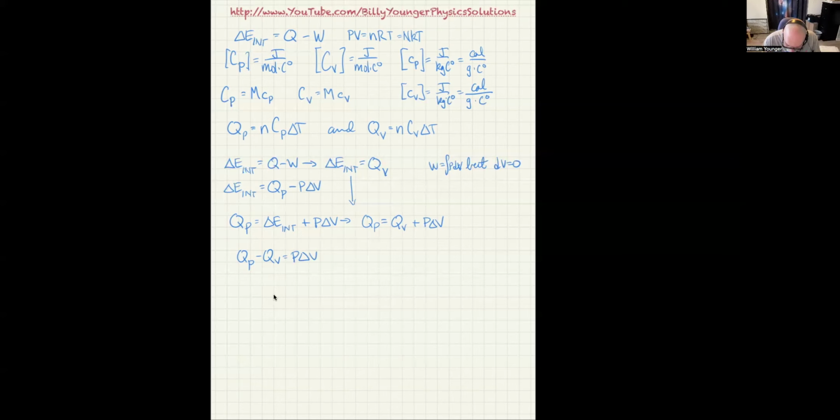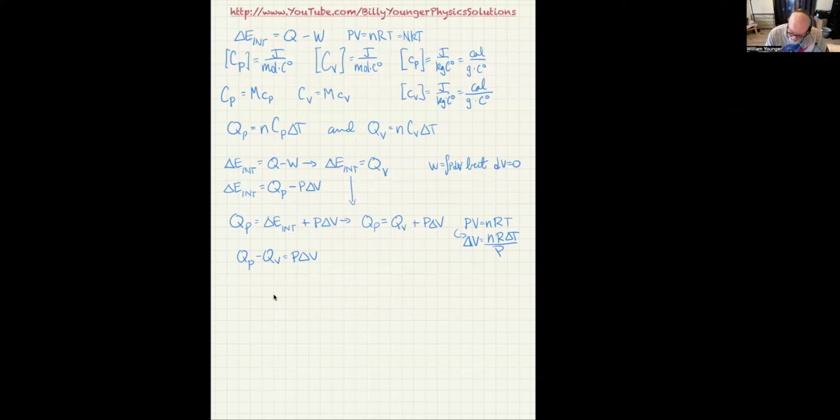At this point, I'm going to use the idea that PV equals nRT. This lets us know, for instance, that delta V is equal to n times R times delta T over P, like that.